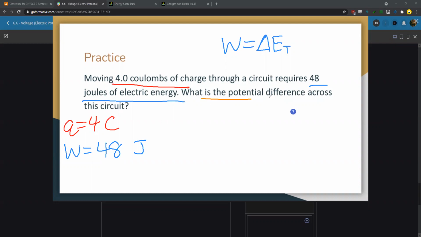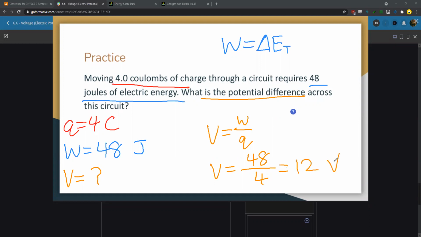So what is your potential difference, which is voltage? So you're going to do V is equal to W over Q. W is 48, Q is 4, and you get 12 volts. It doesn't seem that hard, right, guys? I don't think so. The math isn't, at least.